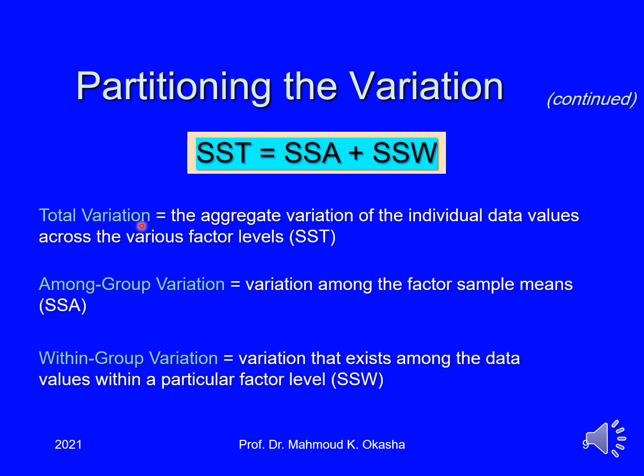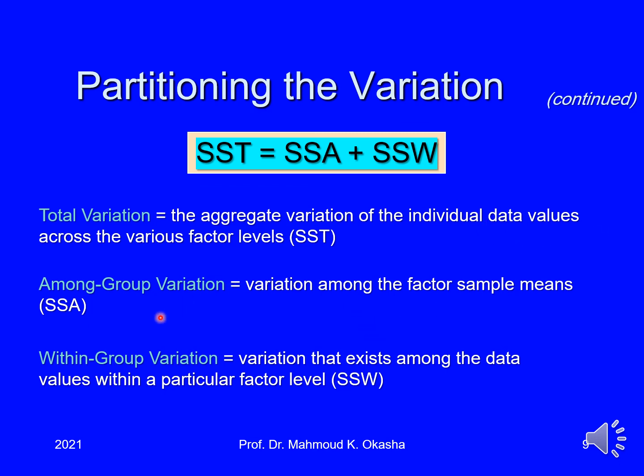The total variation is the aggregate variation of the individual data values across the various factor levels. I mean, for all levels and all observations, we calculate each observation x minus the average x bar, square this difference, and sum up all these squares, right?